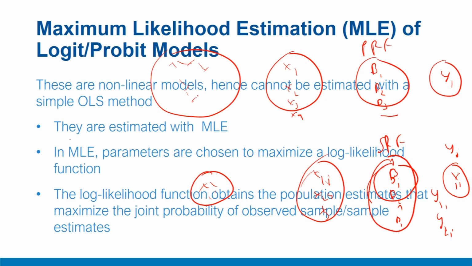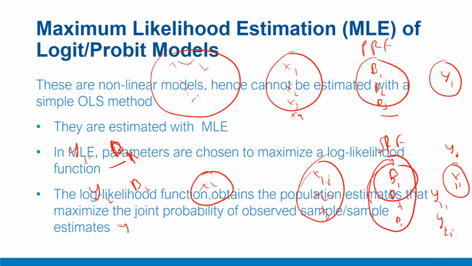Now, for each observation yi, we have a set of parameters. Let's call this the beta vector, a vector of parameters, beta k vector. For each observation y2, we have a different vector, let's call it beta 2 vector, and similarly for y3.